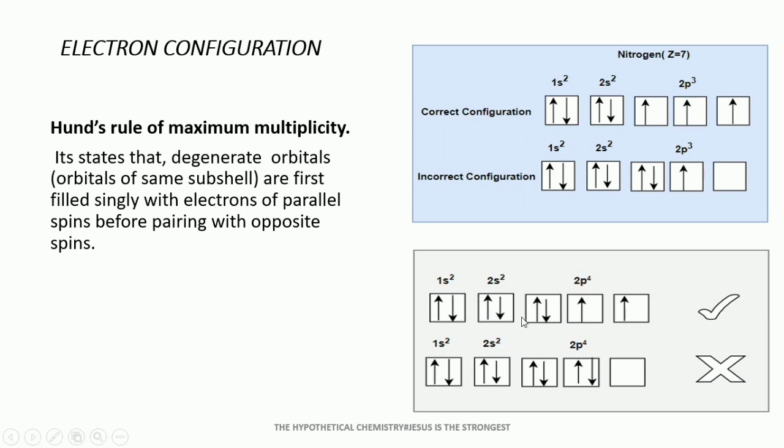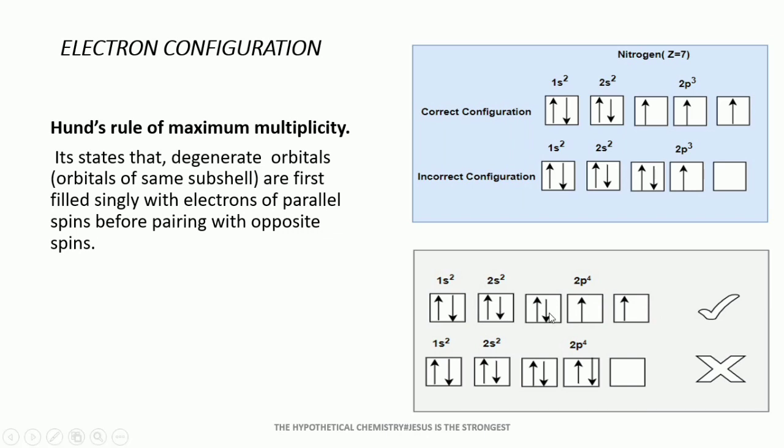Now, here too, we have 2, 2, 2, and then 1, 1, 1, 2, making 8. So this is oxygen. This is a correct configuration. Why? Because oxygen is the 8th element on the periodic table with 8 electrons.